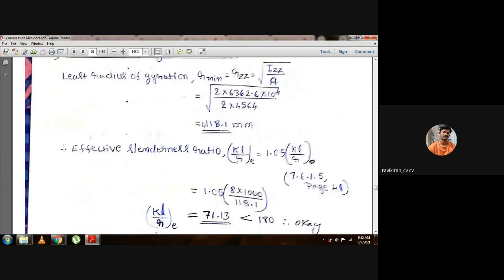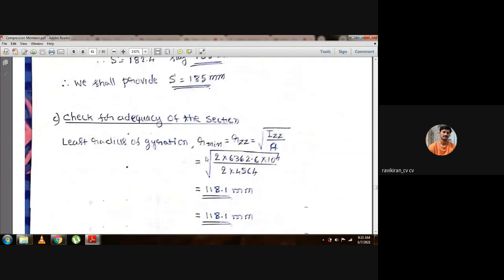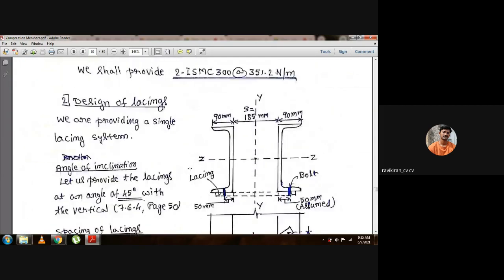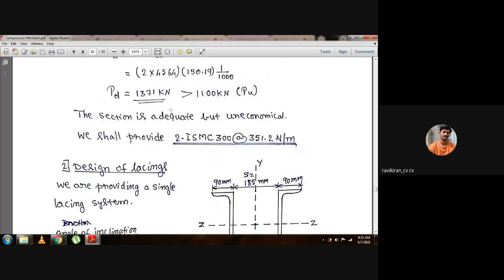The section we have placed, ISMC 300 back to back at a spacing of 185, is able to resist 1371 kilonewton. But it is supposed to carry 1100 kilonewton, correct.